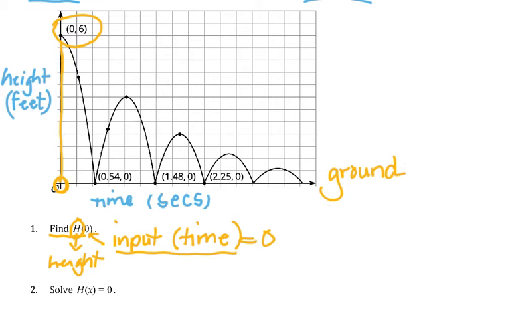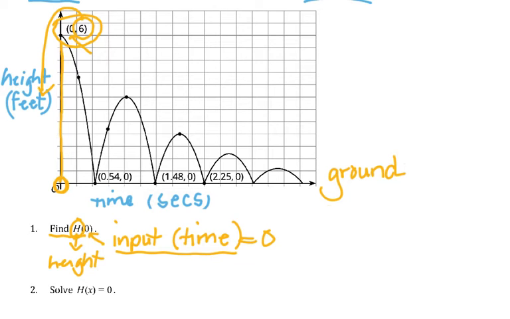Note right there, I've got 6. This is when time is 0. This means 6. 6 what? 6 feet. So in other words, this is telling me that the ball at time 0, or in other words, the ball was dropped from a height of 6 feet.